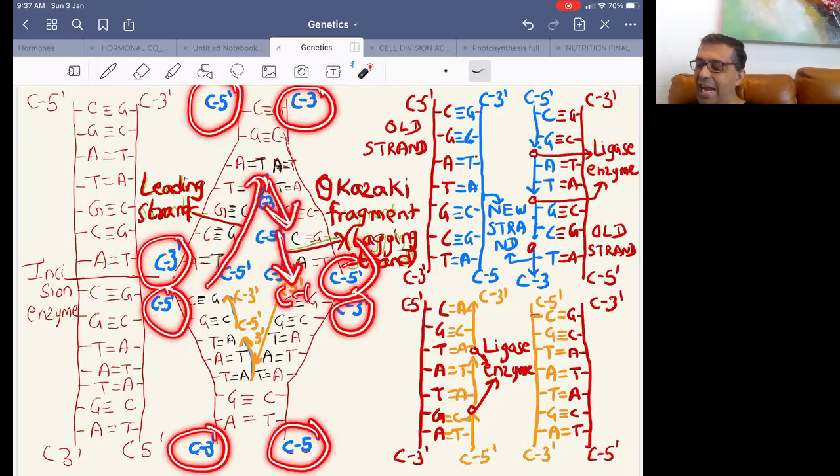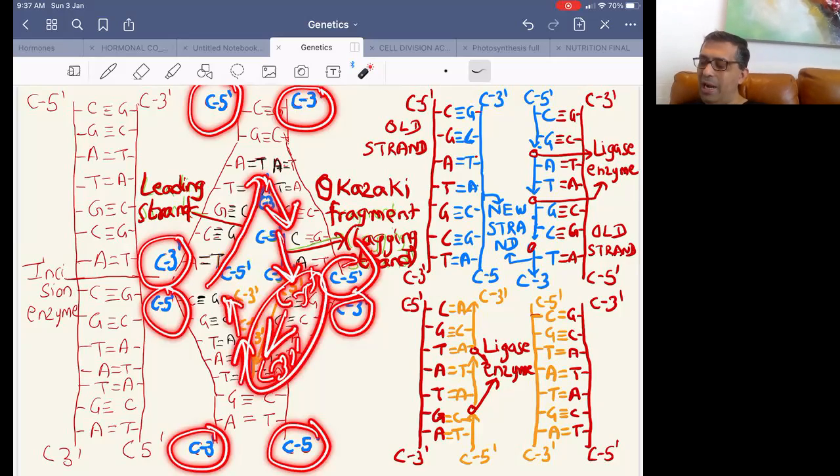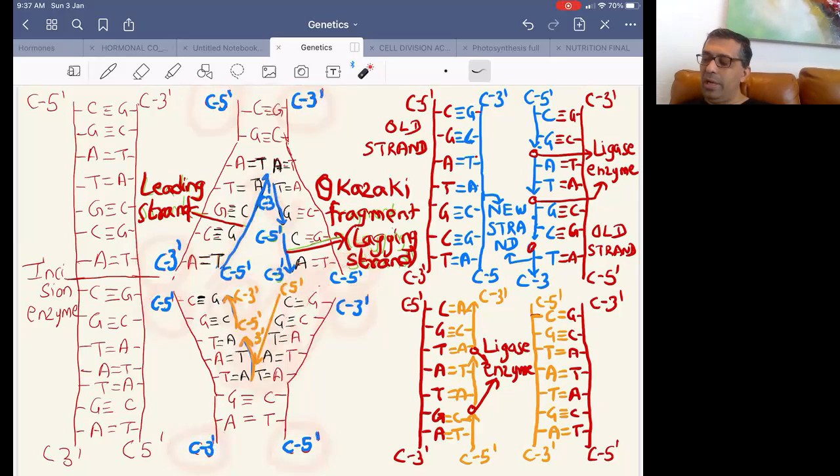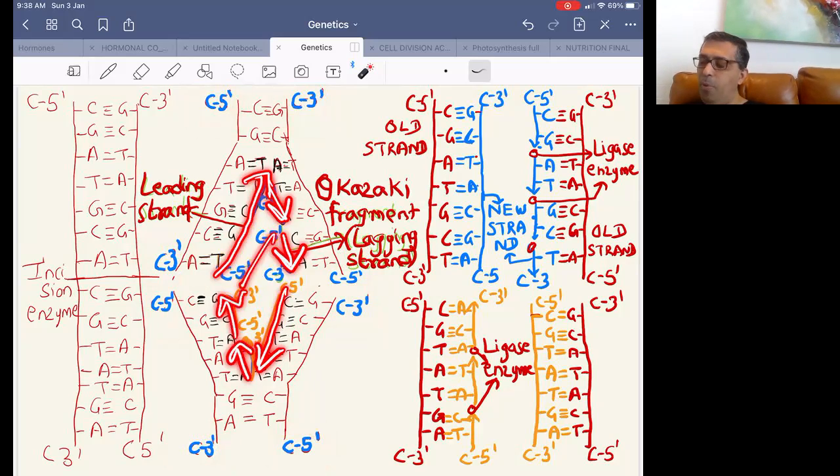So C5 to C3 will be continuous strand, and the other C5 to C3 will be Okazaki fragments. तो यहां कंटिन्यूस स्ट्रैंड लेफ्ट था, यहां कंटिन्यूस स्ट्रैंड राइट में बनेगा. यहां ओकाजाकी फ्रैगमेंट्स लेफ्ट में बने थे, यहां ओकाजाकी फ्रैगमेंट्स राइट में बनेंगे. सो दोनों ऑपोजिट डायरेक्शन में चल रहा है.